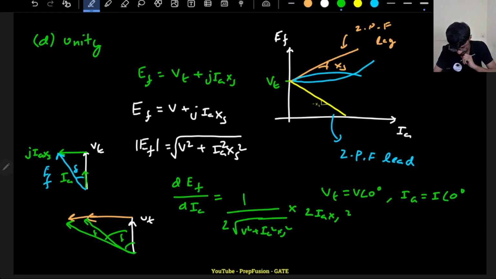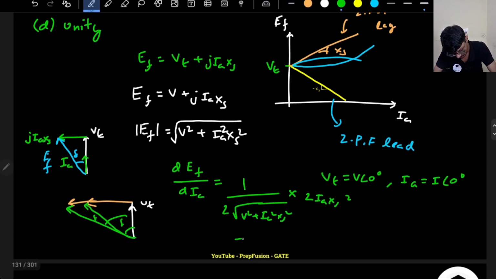Now I have to double differentiate it. The denominator will anyway be squared, so this will be V square plus IA square XS square. I'm just doing it in rough, you guys can also do it. So the 2 will anyway get cancelled. In the numerator I have XS square, which is just a constant number.